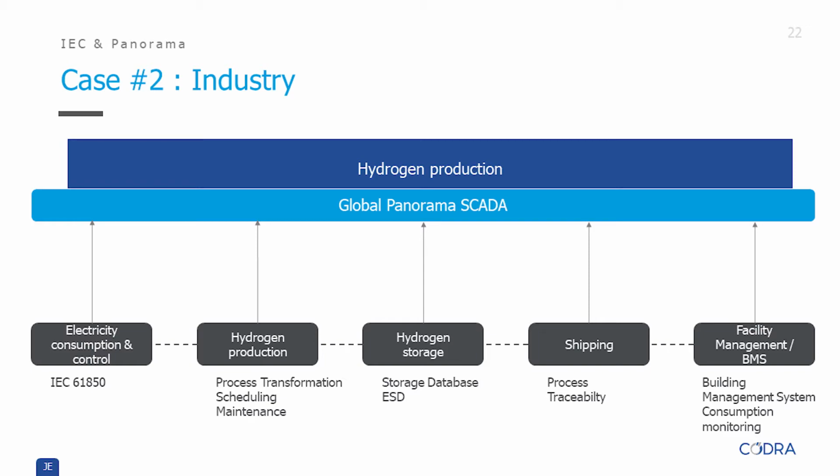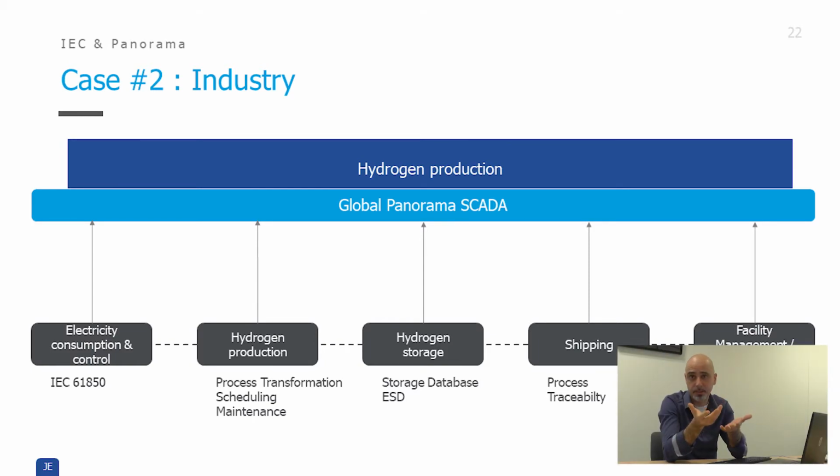The second use case I'd like to present to you today is a process industry. The example is based on hydrogen production. This is a high electricity consumption facility, so IEC 61850 becomes mandatory for this business. And also the MMS protocol is only a part of the whole Scada application.